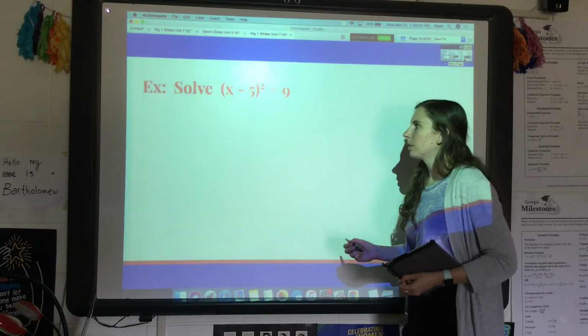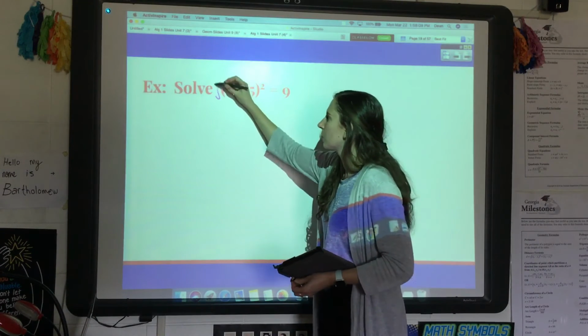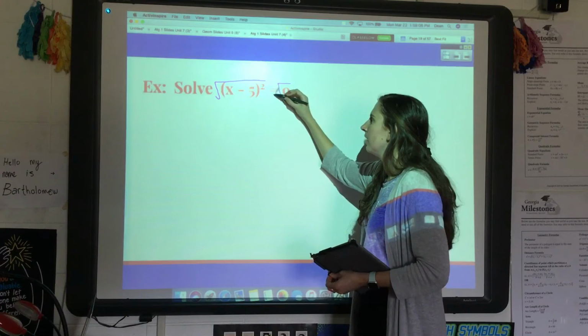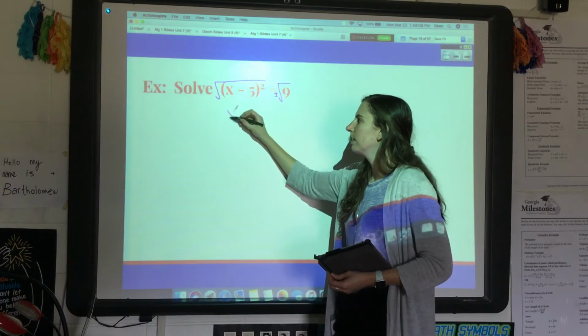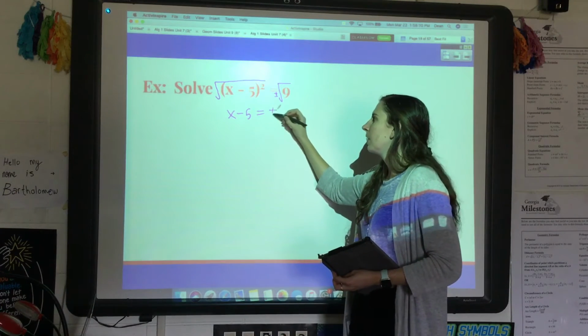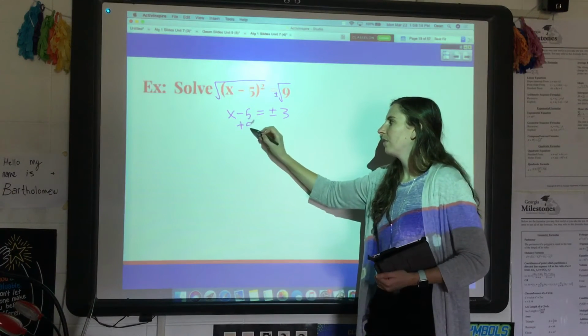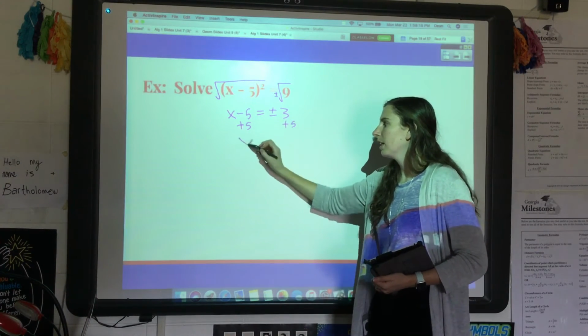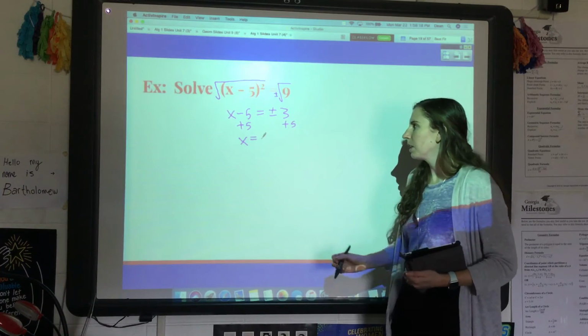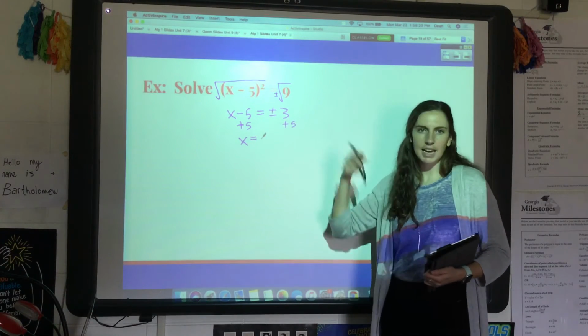All right, let's try this one. On this one, we square root to get rid of the squared. Don't forget plus minus. And the square root of 9 is 3. Then I'll add 5 to both sides, but be careful here. It's tempting to be like, oh, so the answer is plus or minus 8.